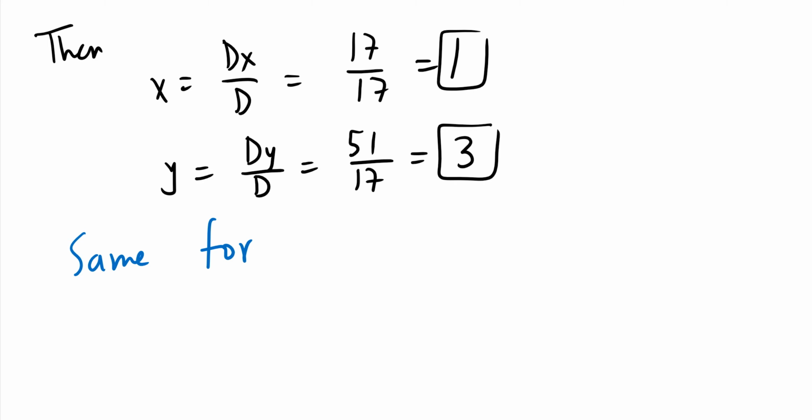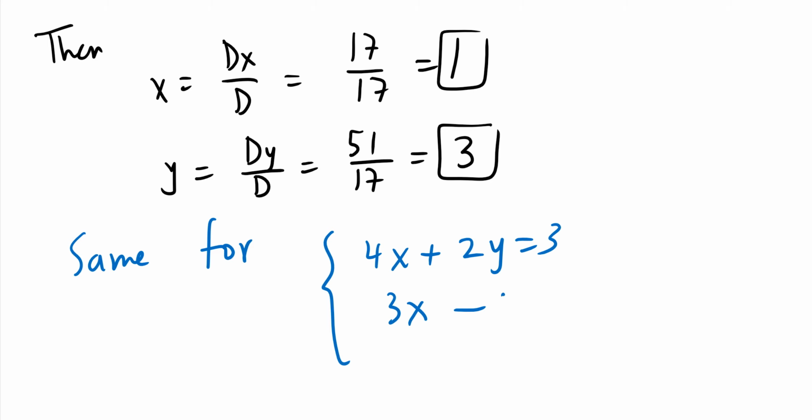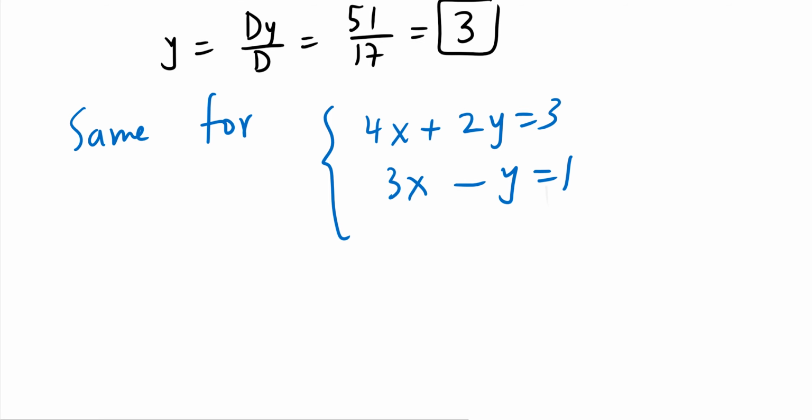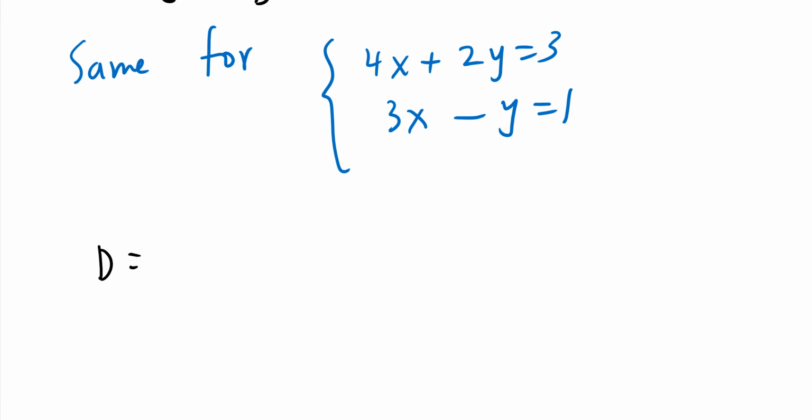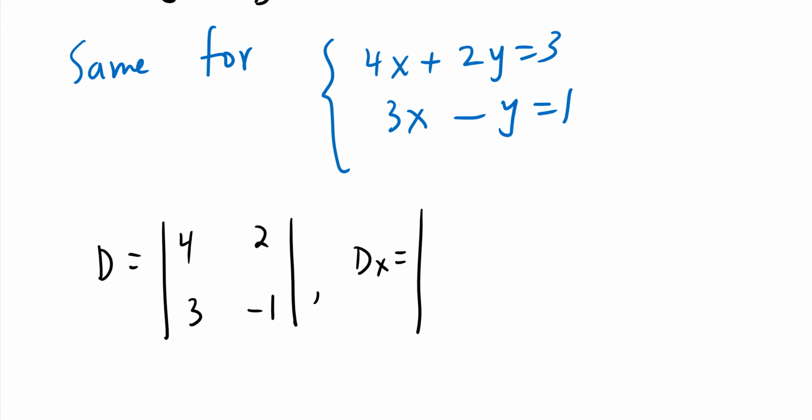Let's do the same for another system as another example. 4x plus 2y is 3. 3x minus y is 1. D equals 4, 3, 2, negative 1. Dx equals 3, 1, 2, negative 1.